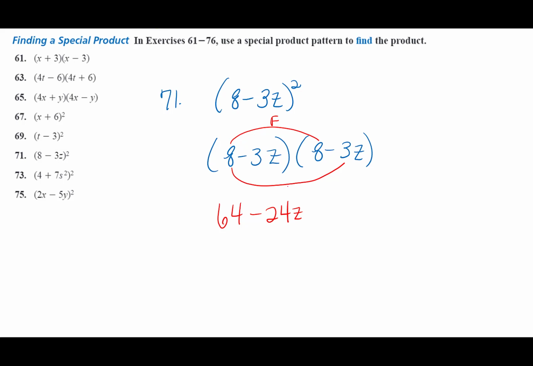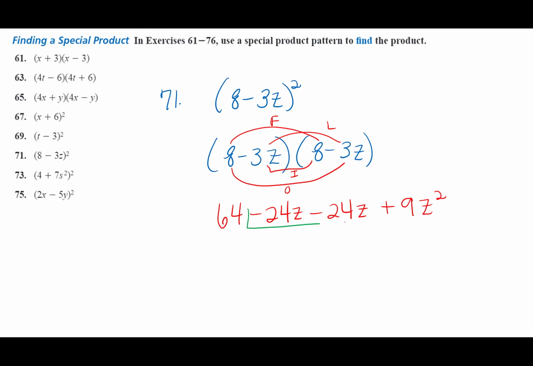The inside is negative 3z times 8, which is another negative 24z. And then our last term is negative 3z times negative 3z, which is positive 9z squared.